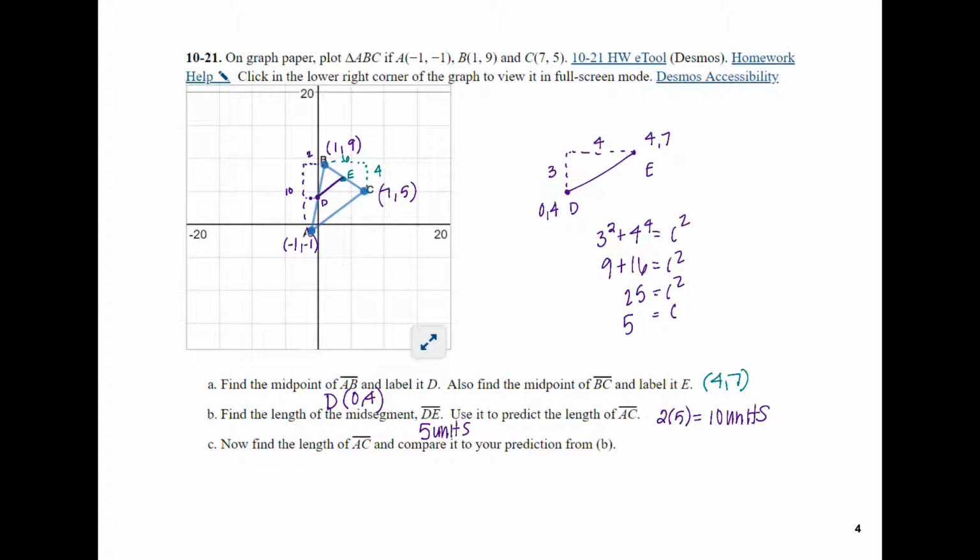Now find the length of AC and compare it to your prediction from part B. So if we take AC, if we do 2 squared plus 10 squared, that's 104, take the square root of that.